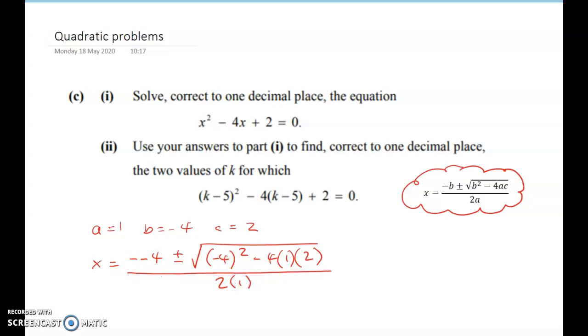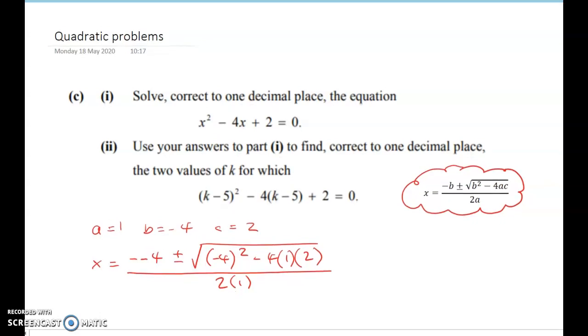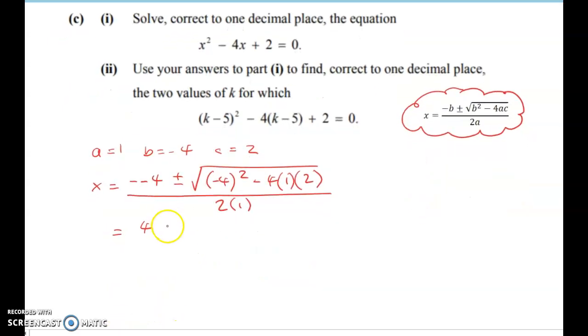Now, the key thing to be aware of here is that you have to make sure, firstly, that the negative is dealt with correctly. So that's +4. The next thing you're going to make mistakes on is the -4. If you don't put brackets around the -4 that's being squared, it's going to go wrong.